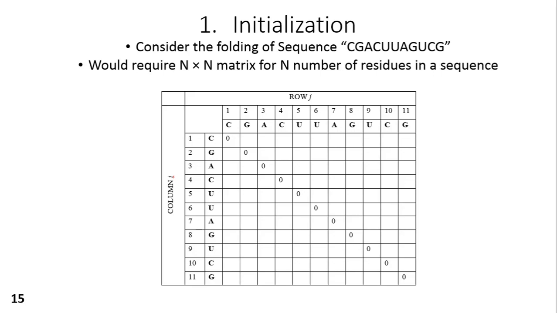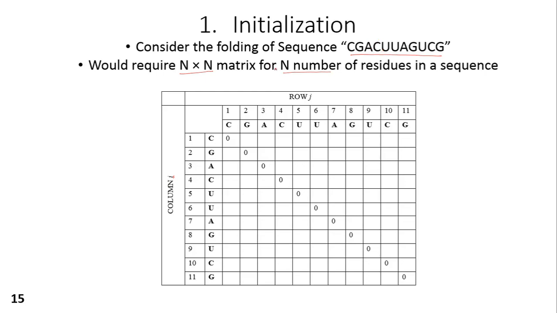Now let us consider that we have this sequence of which we need to figure out how it would fold upon itself to form a secondary structure. In order to do that, we would require a matrix of size n by n, provided that there are n residues in your given sequence.